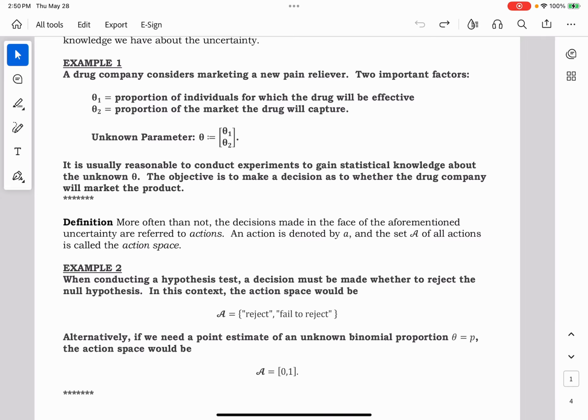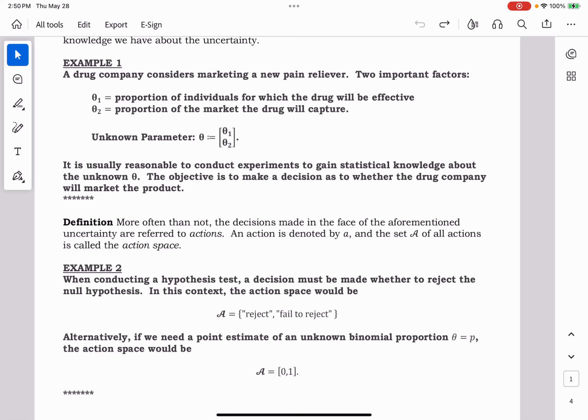So not only will the x's, the data, be random, also the parameters, the theta, will also be random. And so we will look at it from that viewpoint, and there'll be more about that as we move on.